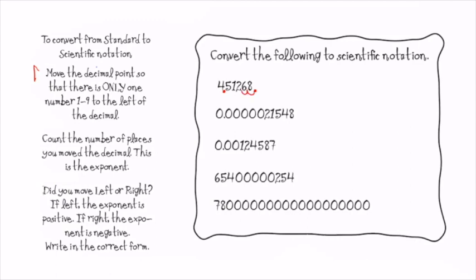So 1, 2, 3, 4, 5. So we have 4.51268 times 10. We moved 5 places, and then we look to see if we moved left or right. We moved to the left, so our exponent is going to be positive. So this would be the correct scientific notation.